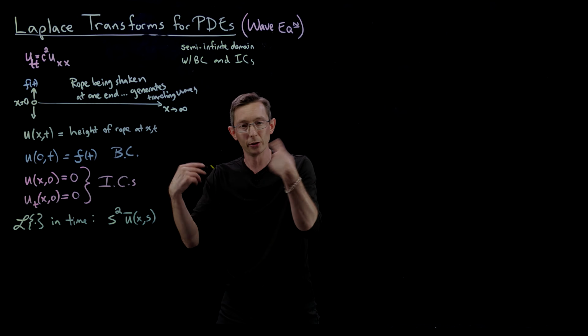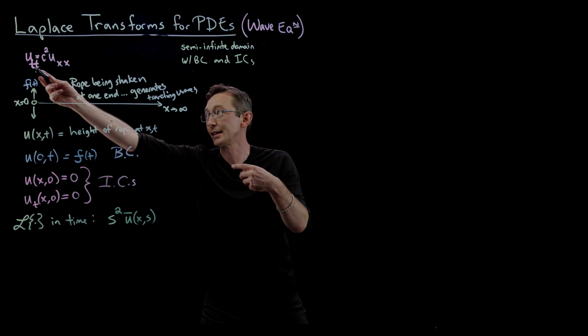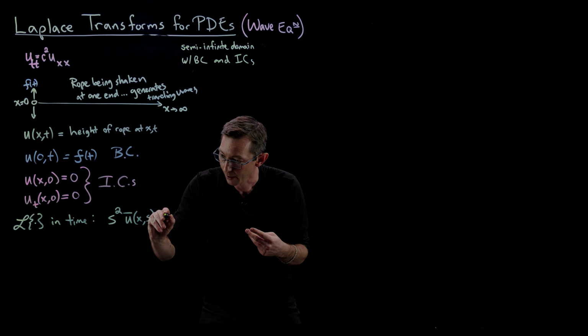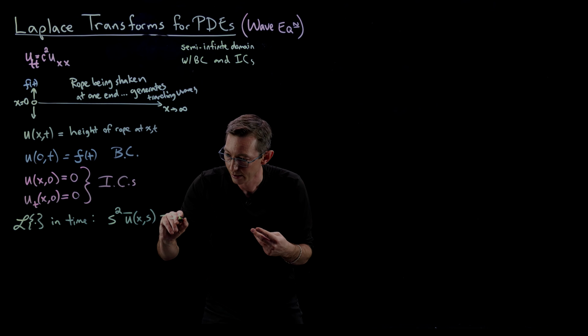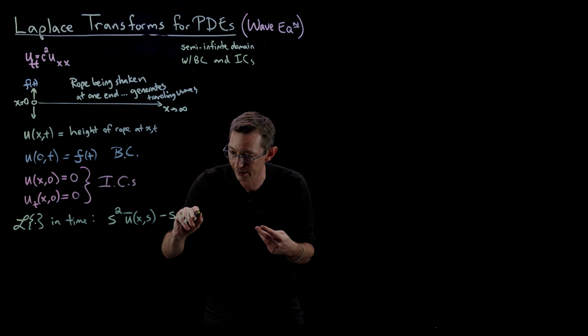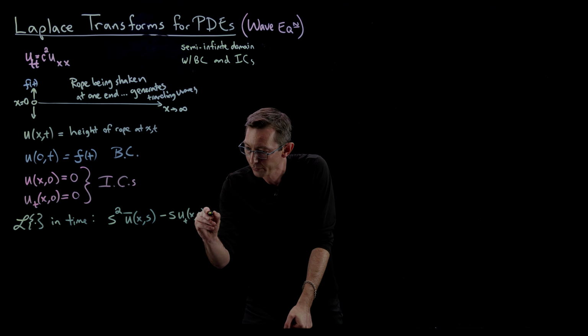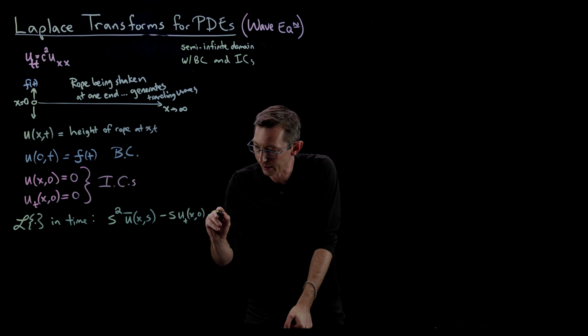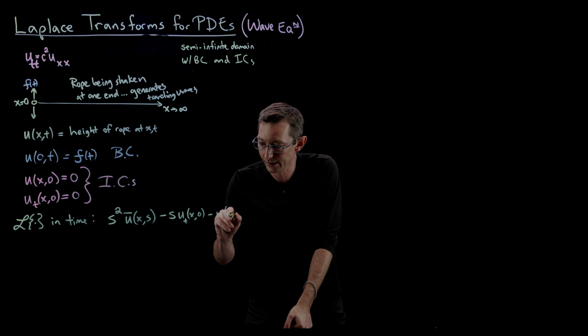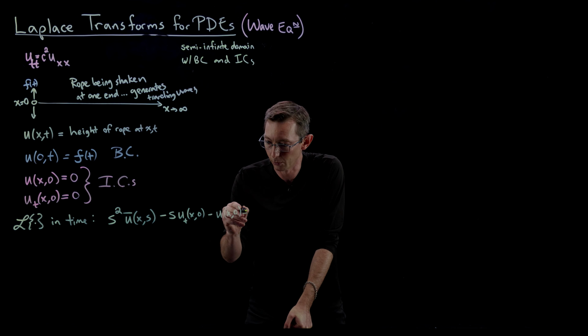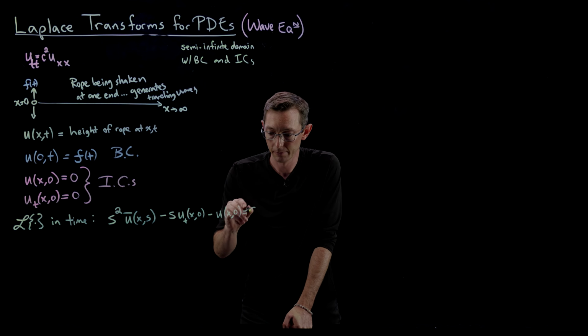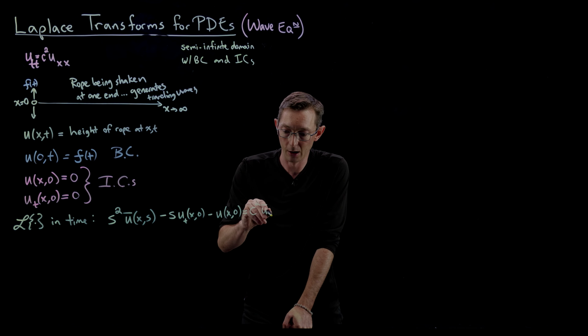And then remember, when you Laplace transform something that has a second derivative, you also have a minus s times the first time derivative of x at time 0. This is kind of my first initial condition at time 0, minus u of x comma 0, equals c squared u bar xx.